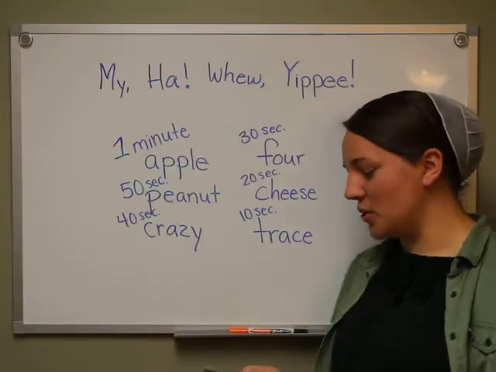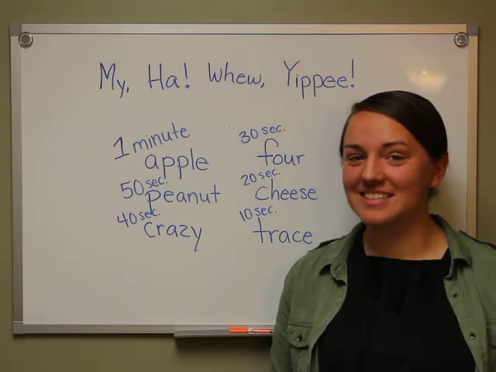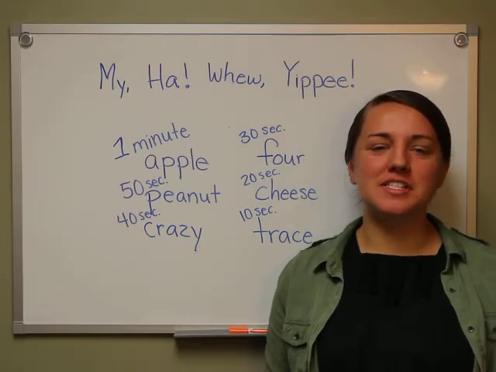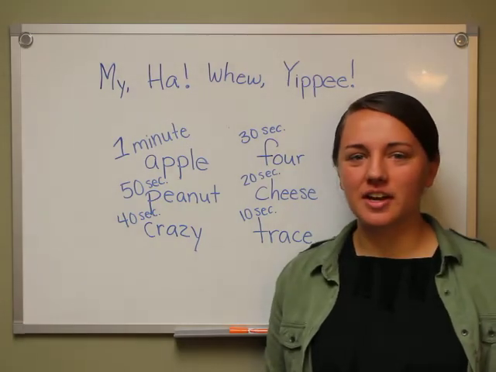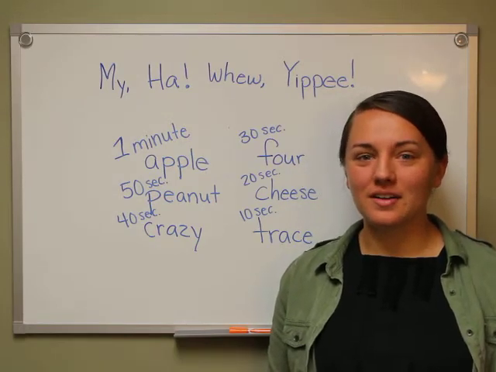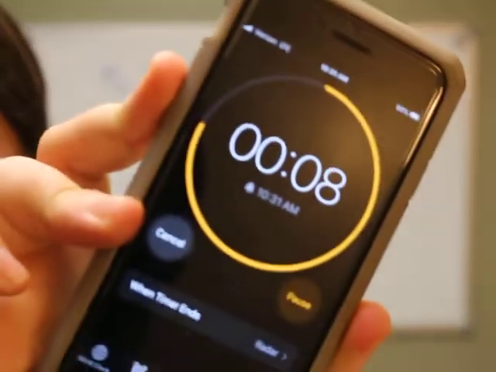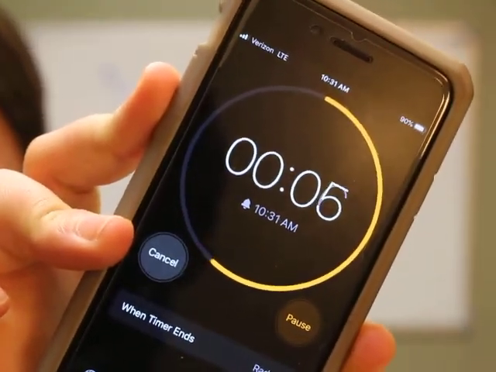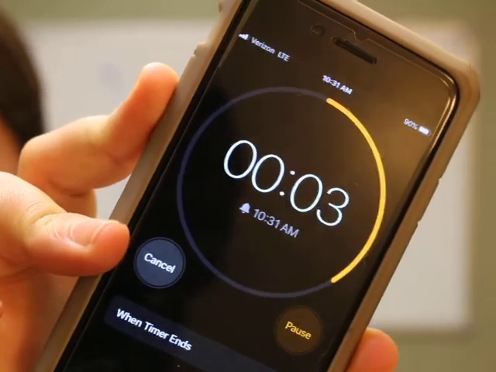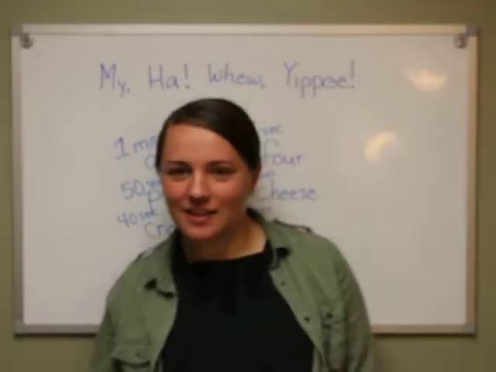Okay, our last and hardest word, trace. You have 10 seconds to find trace. Do you think you can find it in 10 seconds? It's gonna be challenging, but just do the best you can. Close your dictionary. Ready? 1, 2, 3, go. 5 seconds left. And stop. That one was really hard.